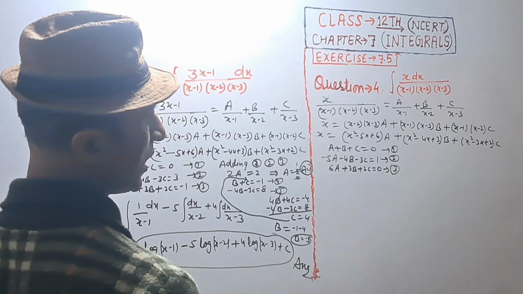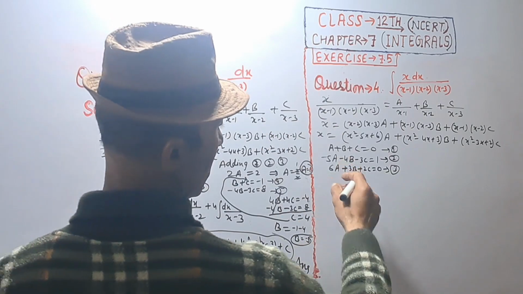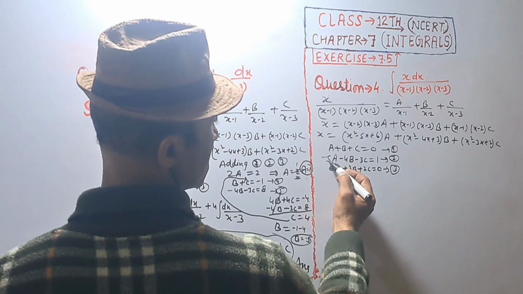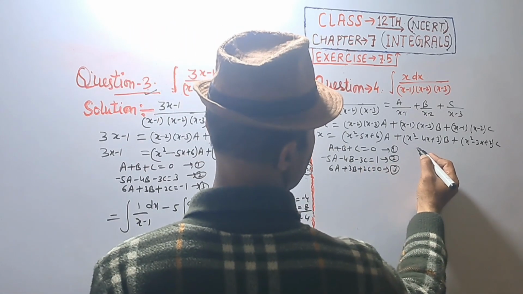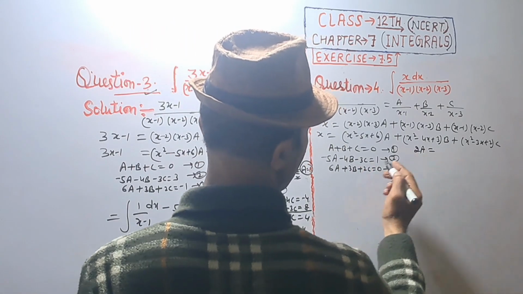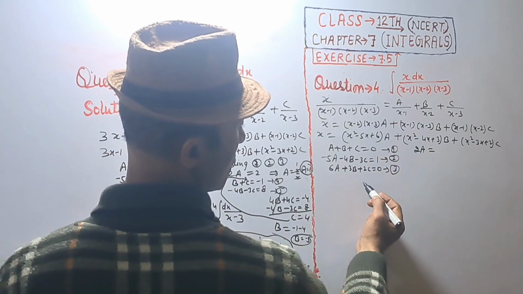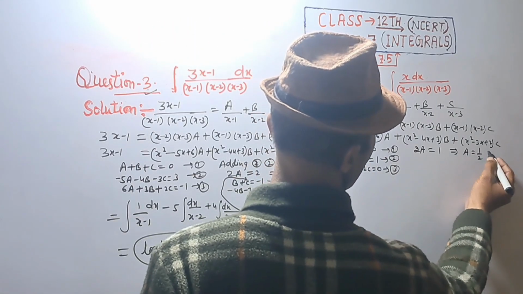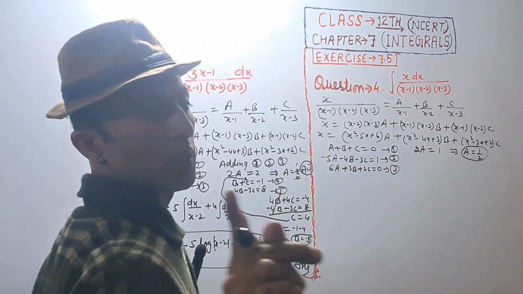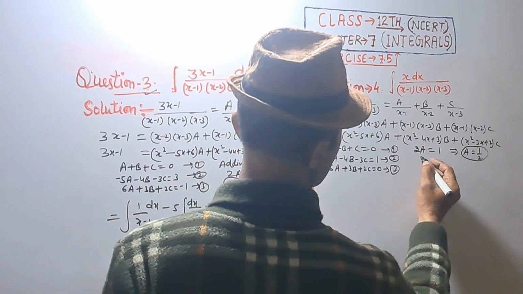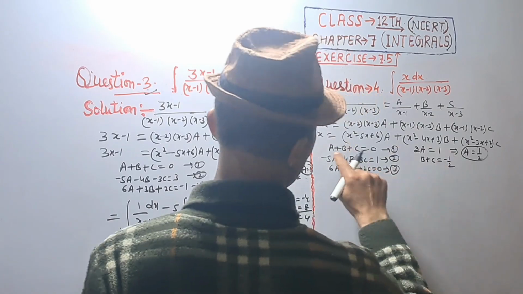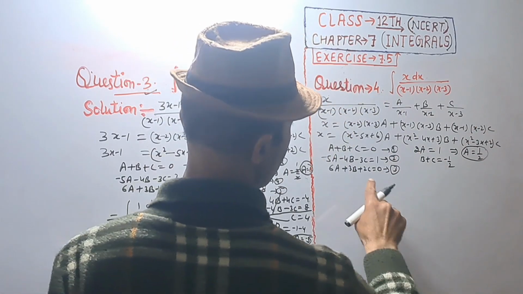Now solving, adding the first, second and third equations, we get 6A plus A minus 5A, that is 2 times A, is equal to 1. So A is equal to 1 upon 2. Then B plus C is equal to minus 1 upon 2, as A shifts to the right and becomes negative.